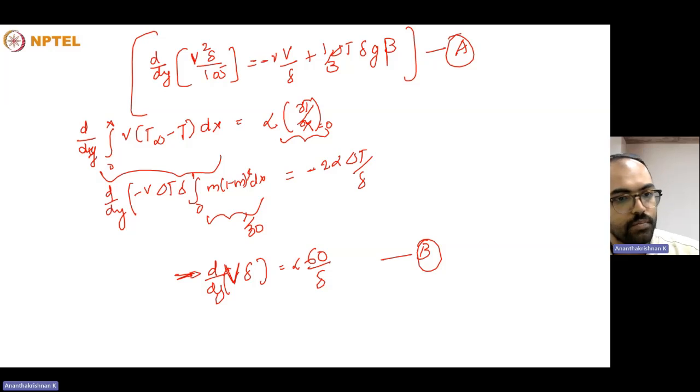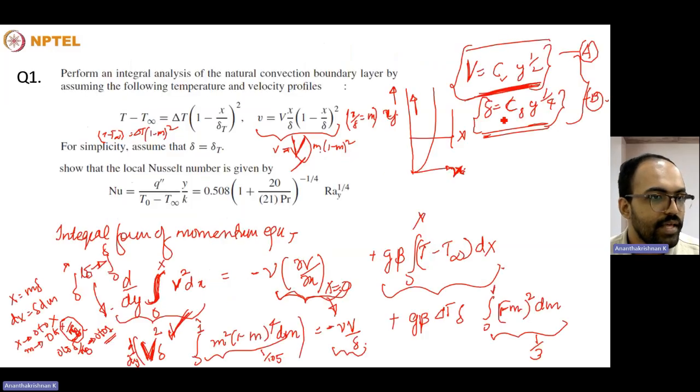We have to determine the value of V from some other analysis, and that will be obtained from the scaling analysis. In the previous week's lectures, we have seen the scaling analysis, and here we have obtained a scale for V. So basically, V can be scaled as some constant into y raised to 1 by 2, and delta could be written as some other constant into y raised to 1 by 4.